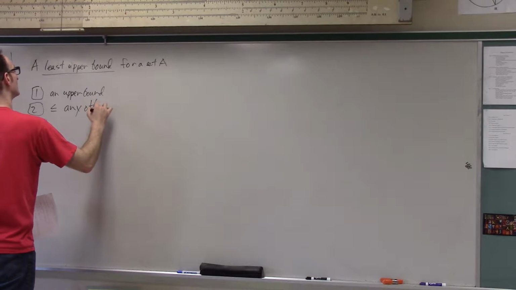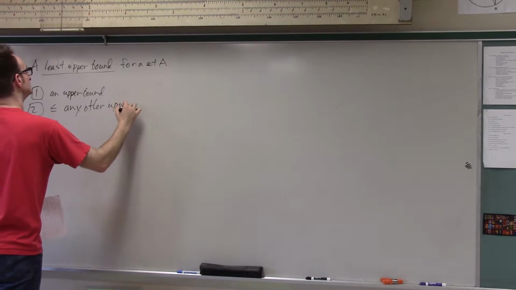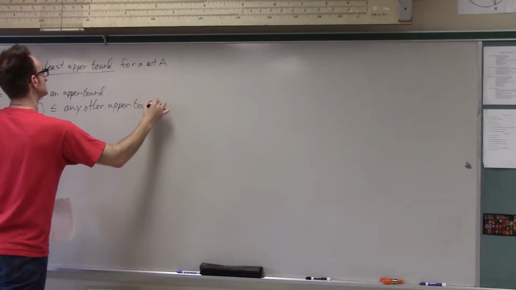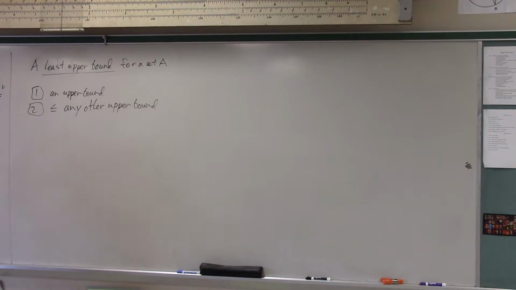So basically, a least upper bound is the smallest number which is greater than or equal to every other number in a certain set.